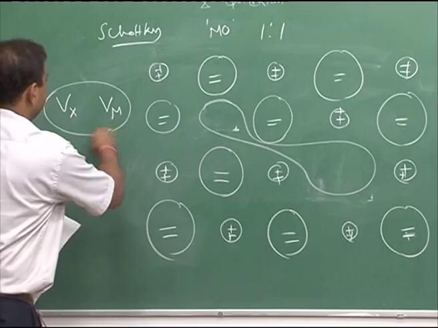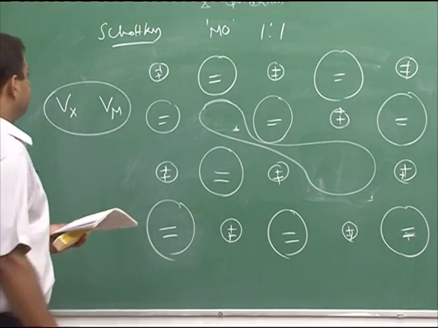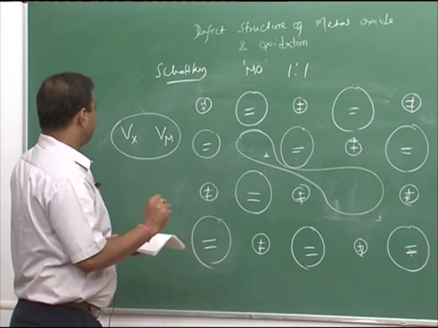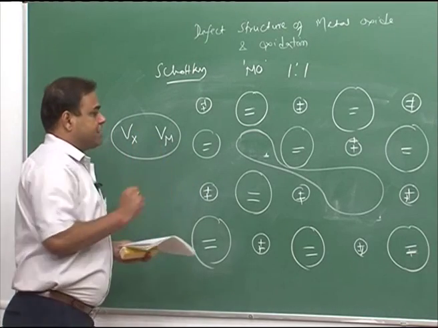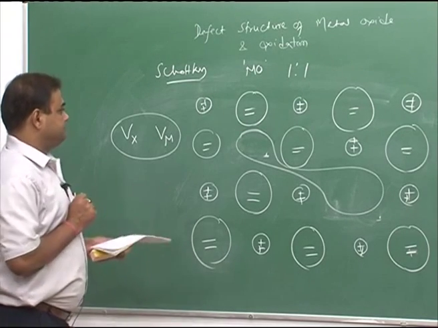At the same time, you see that overall electroneutrality is also maintained. This is Schottky defect, that means an equivalent amount of metal cations and anions are missing.